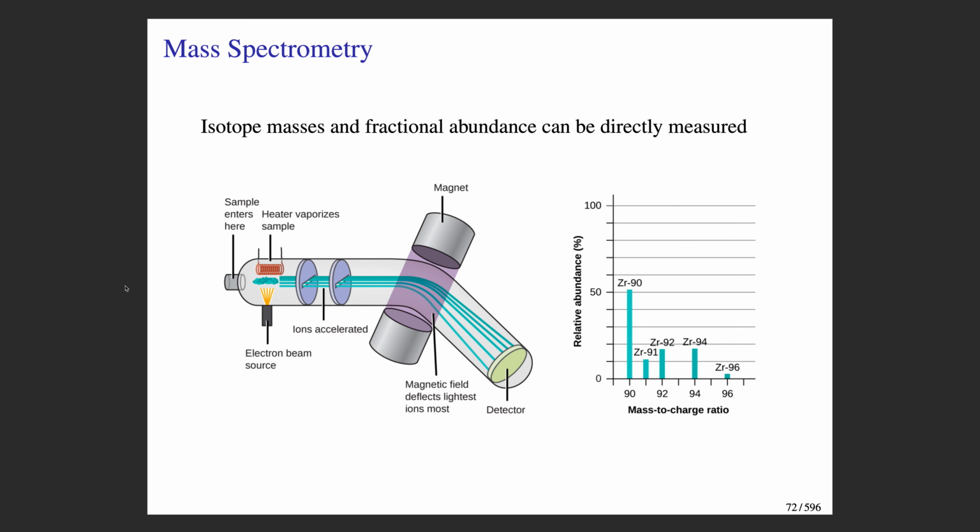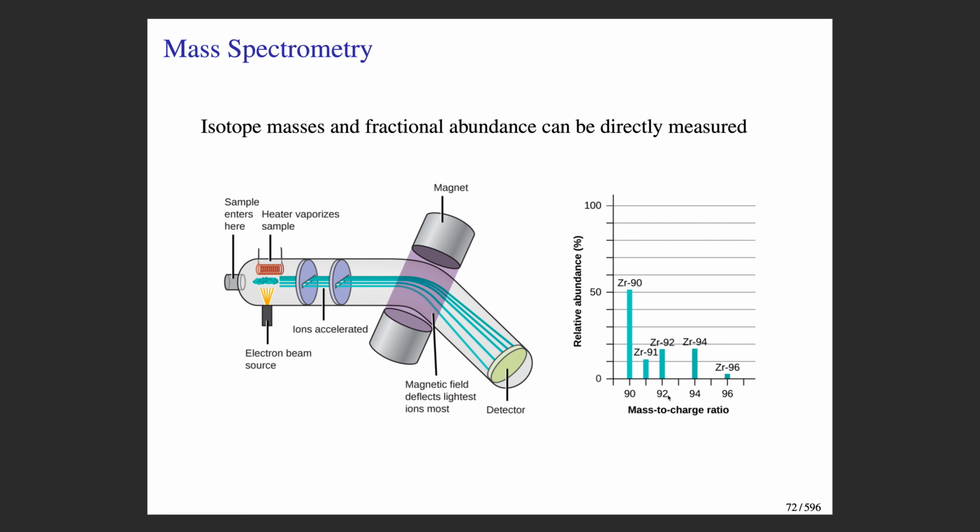Okay, so you have the atoms flowing in this way, you have electrons coming in here, the atoms become charged, and then they can be accelerated through these electric plates, and then they encounter a magnetic field which causes them to turn, and the amount that a given isotope will turn depends upon its mass. And so lighter isotopes will be deflected more than heavier isotopes. And so by counting the number of times a given isotope hits the detector, you can evaluate both the abundance of that isotope and the mass of that particular isotope.